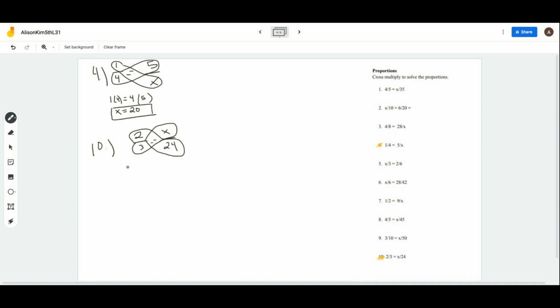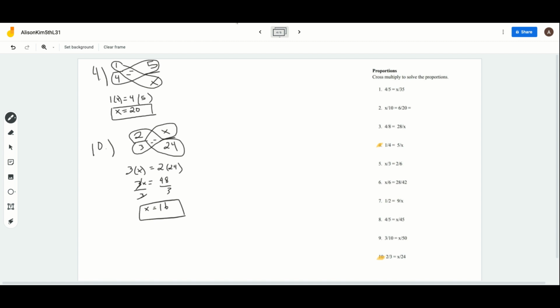Okay, now we do 3 times x equals 2 times 24. And we know that 3 times x is just 3x. And 2 times 24 is going to be 48. And we want x to be by itself, so we're going to divide both sides by 3. And when we divide, we should get 16. So x equals 16 for number 10.